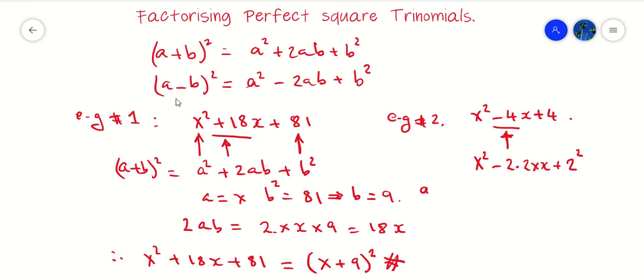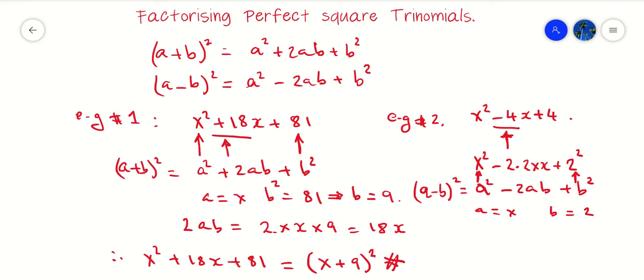Then a minus b whole square is equal to a square minus 2ab plus b square. If I compare, I've got a is equal to x and b is equal to 2.